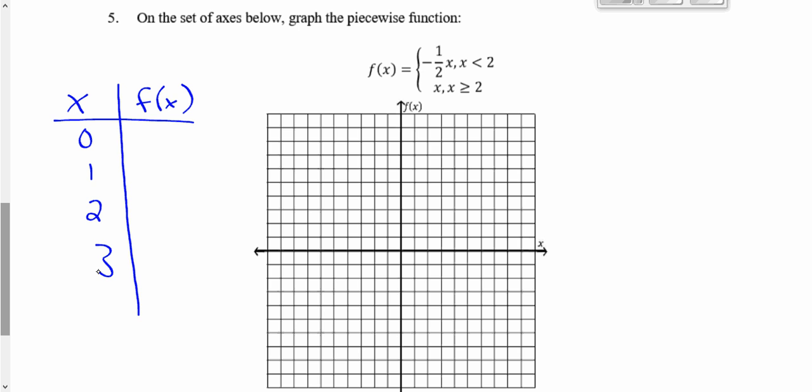When we get to 2, which of these are we going to use? Because they both have a 2 in the rule there. Are we going to use the first one or the second one when we get to 2? Why the second one? No, look at the rule.